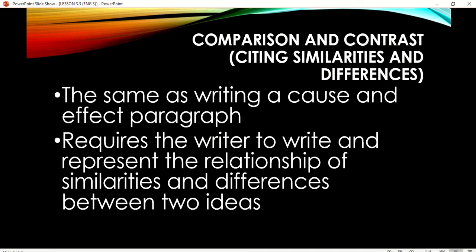Their similarity is that they are both human. What are their differences? They have different biological sexes. In that case, you have already identified their similarities and differences. So that is called comparison and contrast.